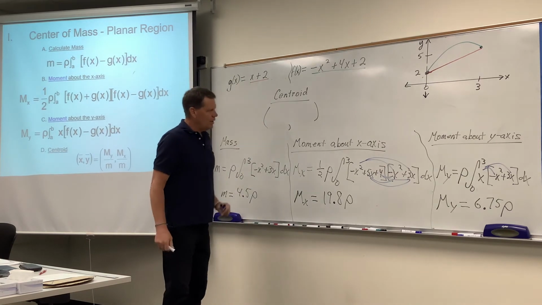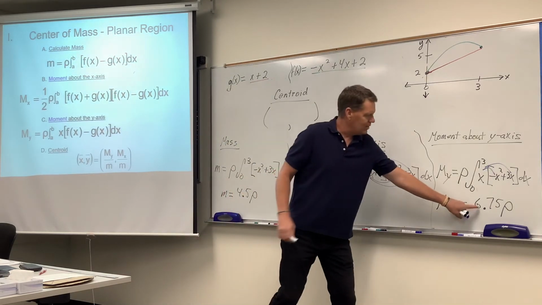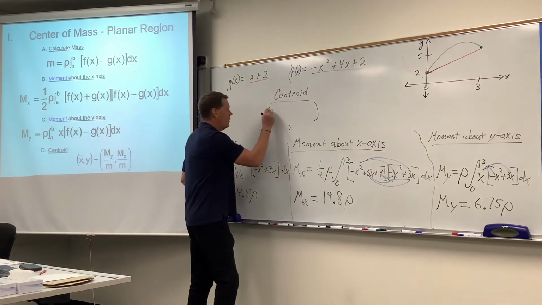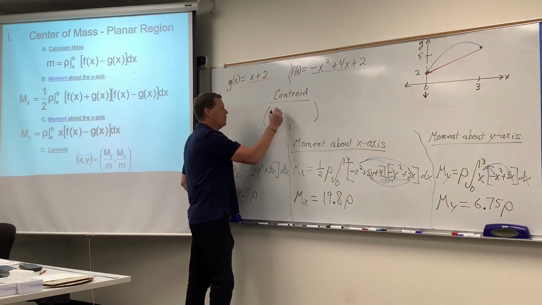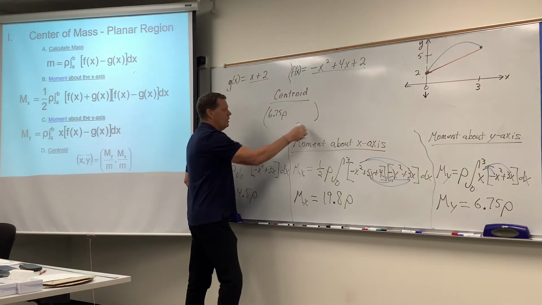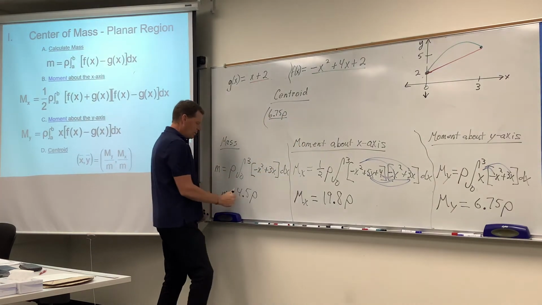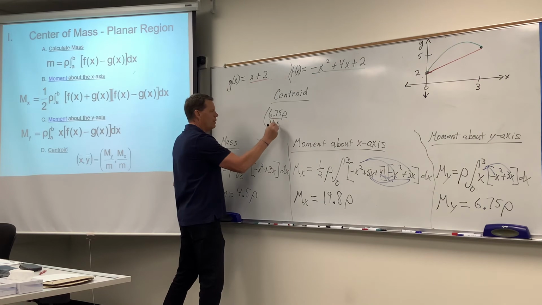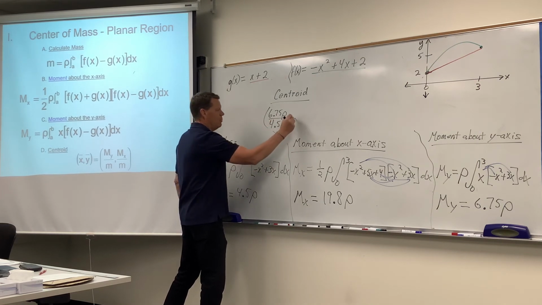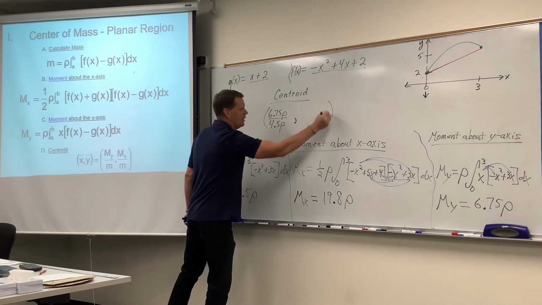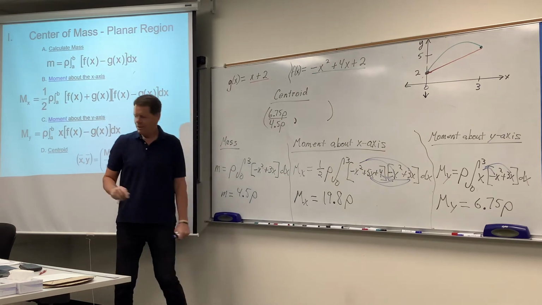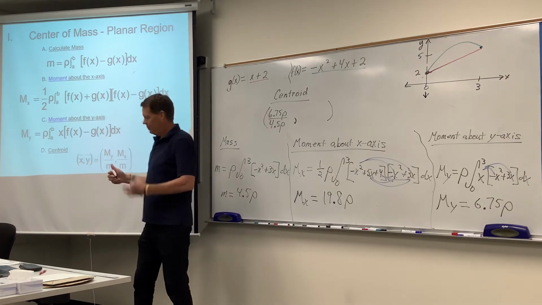So the x-coordinate would be the moment about the y-axis, 6.75 rho, divided by the mass, which was 4.5 rho. We'll simplify that in a moment. That will be the x-coordinate of our balancing point, x bar.